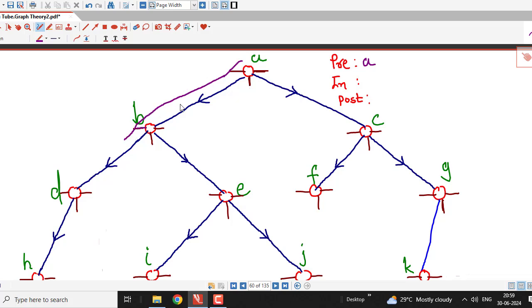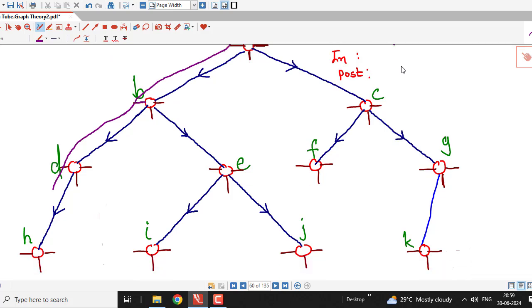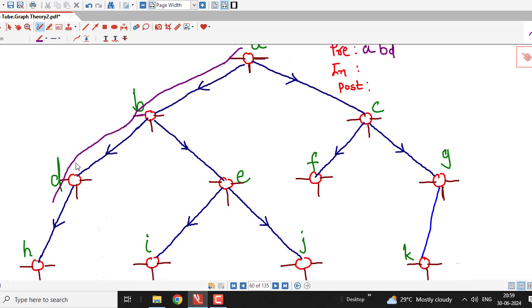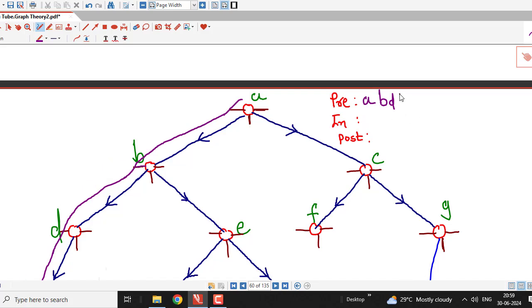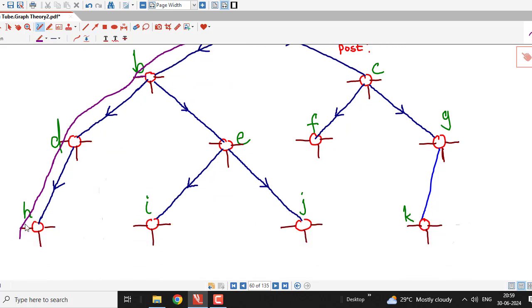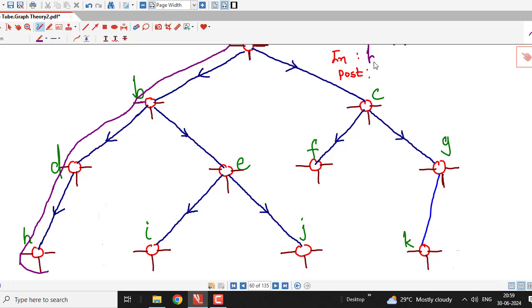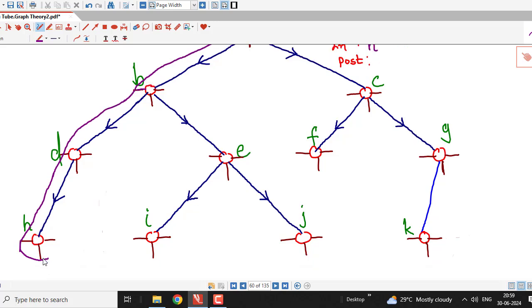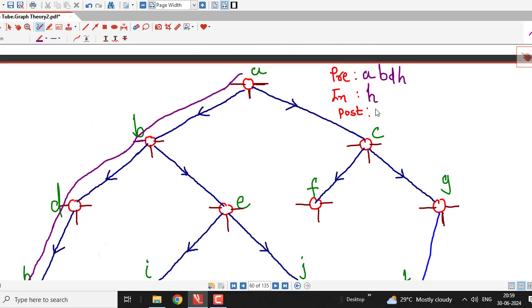Here also this is for pre-order, so we write B. Then we write D because it is touching this line. After that, here this is for in-order and the vertex is H, so let me write H here. Then I have to move in this way, so H is in-order also, and I have to go in this way, so again I have to write H in post-order also.